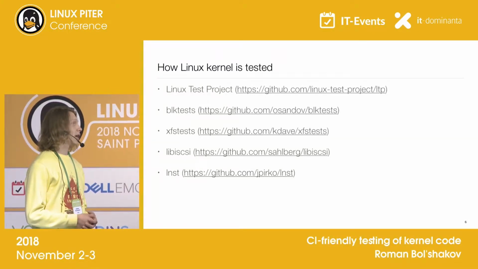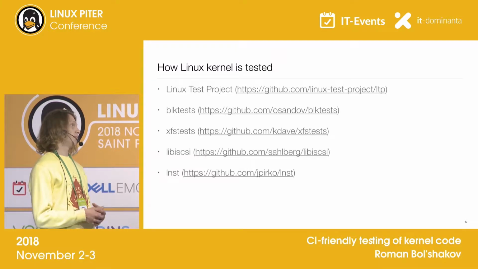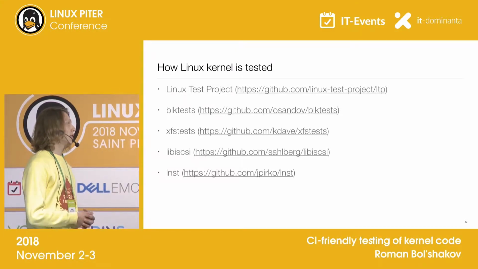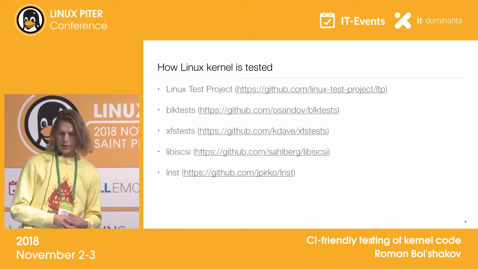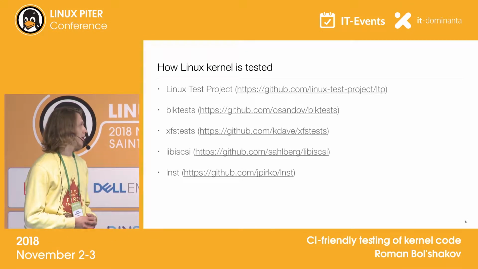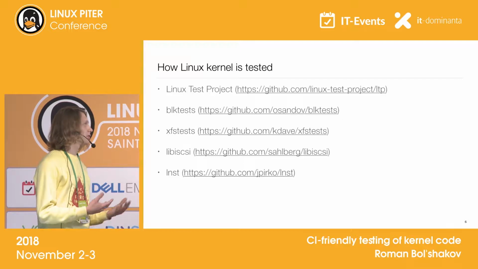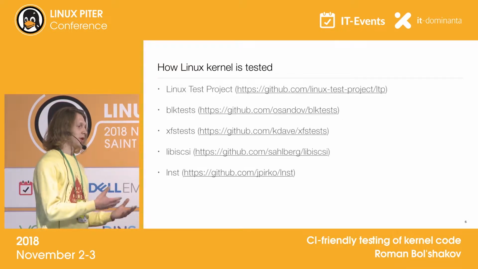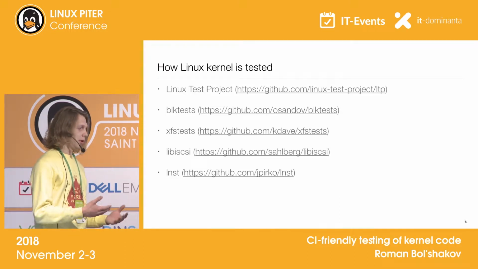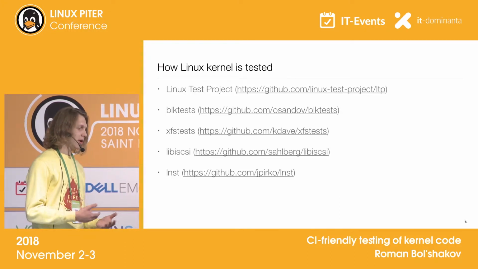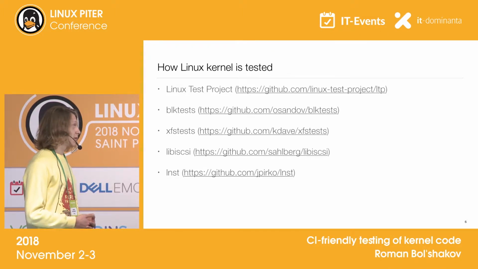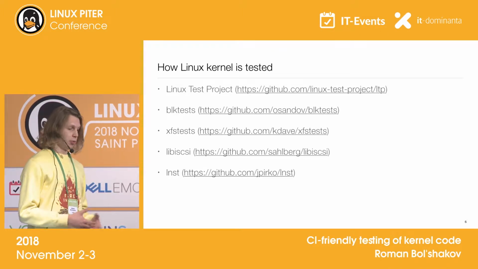We can see what can be done in order to figure out the way the kernel code, or a kernel module, is tested. We can look at those testing suites. These are the most famous. The Linux Test Project tests the user space interface: each syscall really does whatever is necessary, there is no regression, and user space programs are not broken.